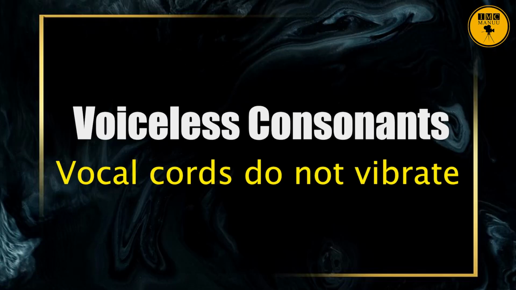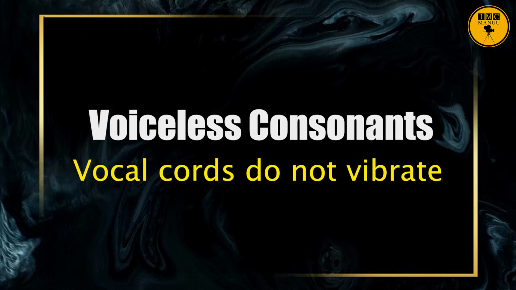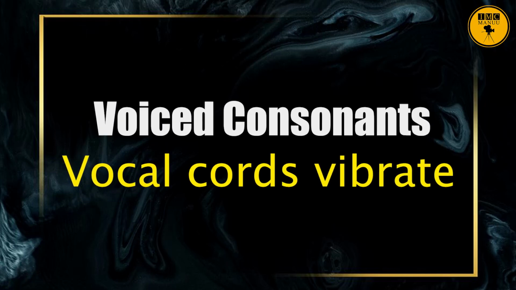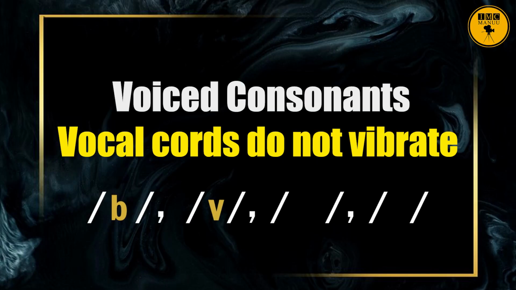Voiceless means vocal cords do not vibrate; voiced means the vocal cords vibrate. Some examples of voiceless consonant sounds are p, f, k, t. A few examples of voiced consonant sounds are b, v, g, d.